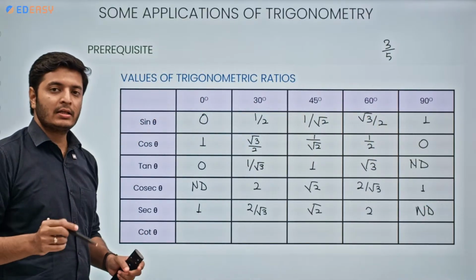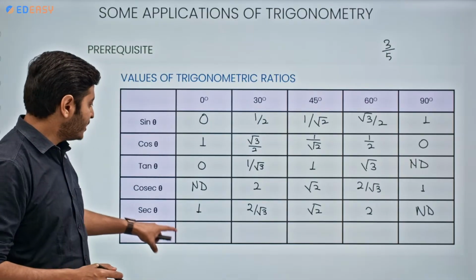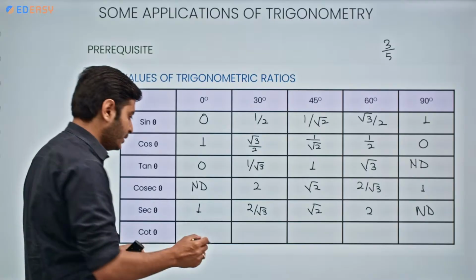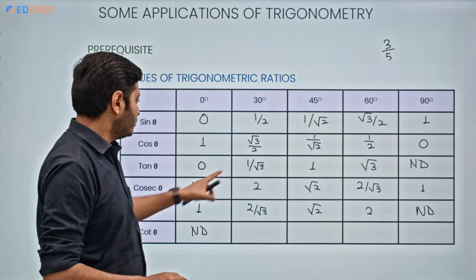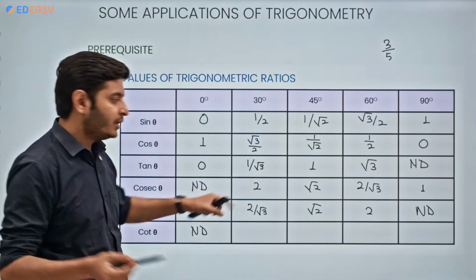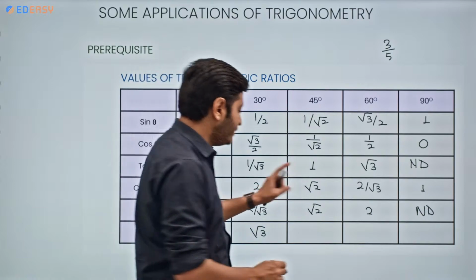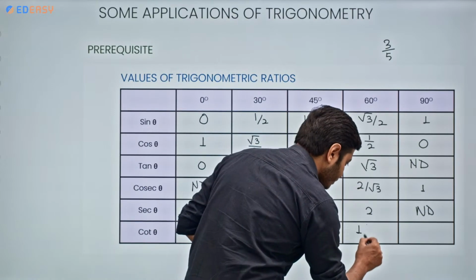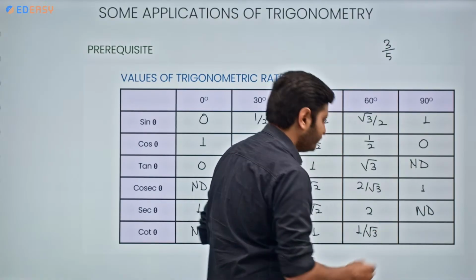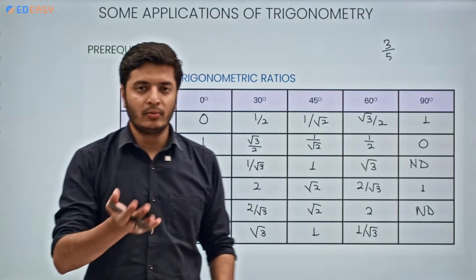Cot theta is 1 upon tan theta, the reciprocal of tan theta. So this will become 1 divided by 0, again not defined. Then 1 divided by 1 by root 3, root 3. 1 divided by 1, 1. 1 divided by root 3, 1 upon root 3. 1 divided by not defined is gonna give us 0.